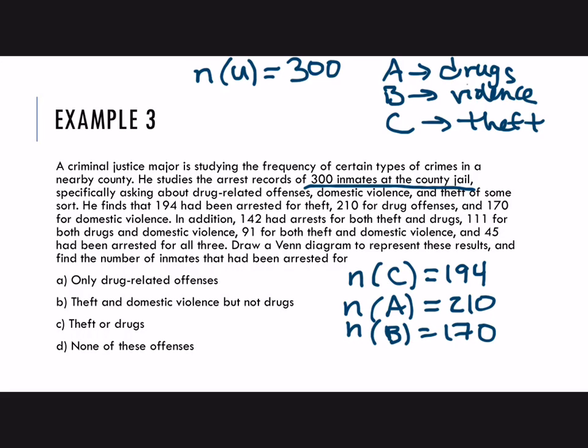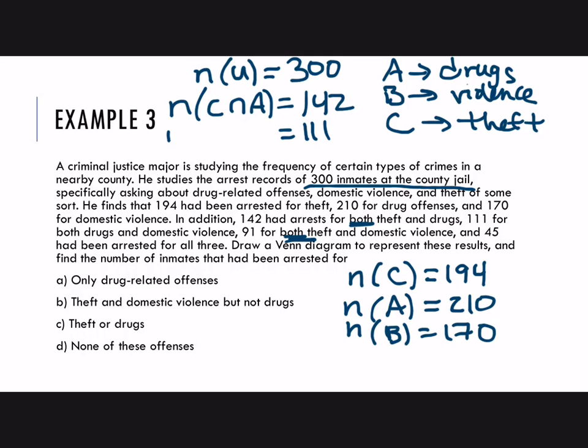In addition, 142 had arrests for both theft and drugs. All right, so both, that's your keyword. That implies an intersection. So both theft and drugs is both C and A. That's 142. 111 were arrested for both drugs and domestic violence.